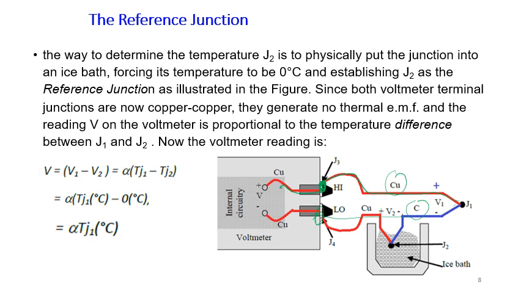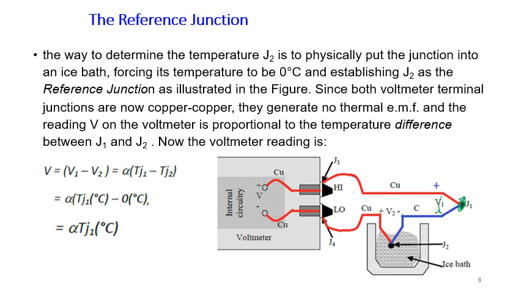So no junction there. If copper is connected to copper, no junction. Junction means voltage generated. So this junction is going to cause this voltage. And this junction was supposed to make a voltage, but since this is copper and this is copper, no voltage will be generated. In this case, so far I have only this junction.